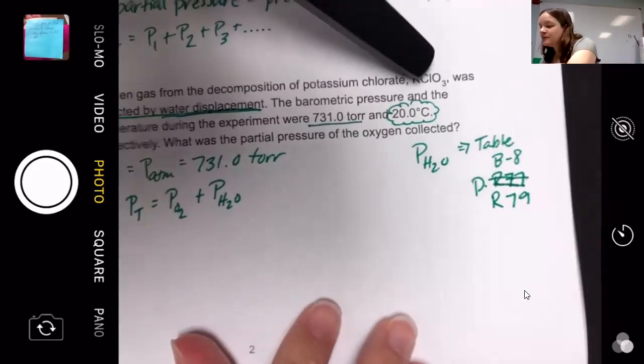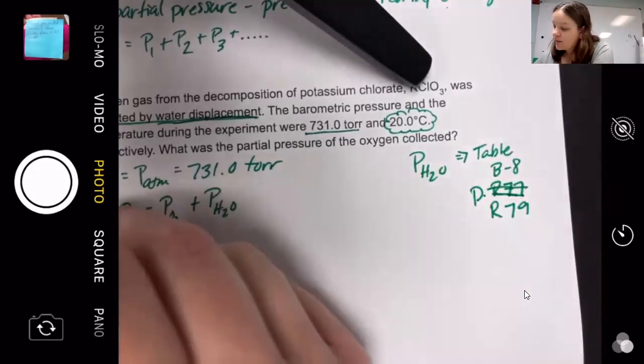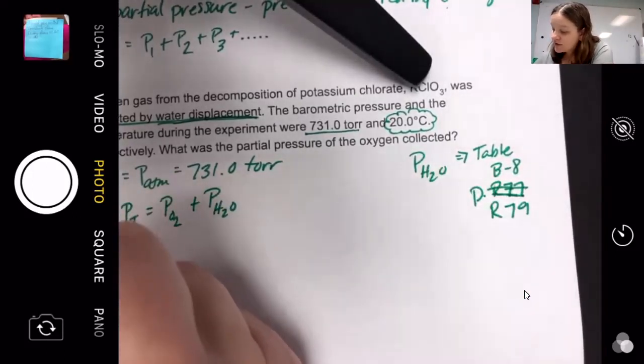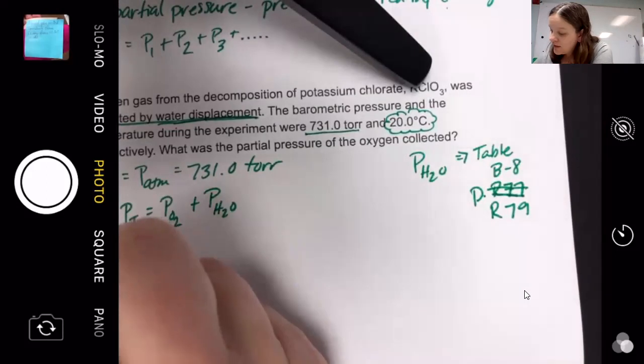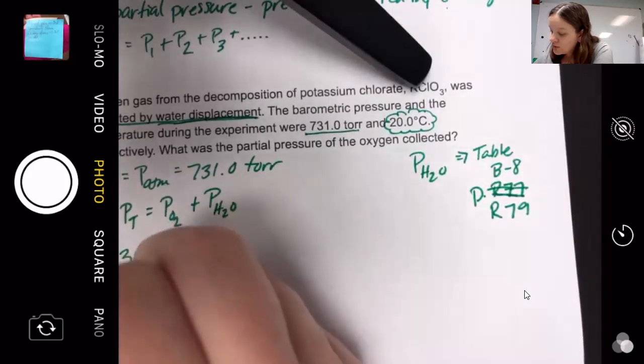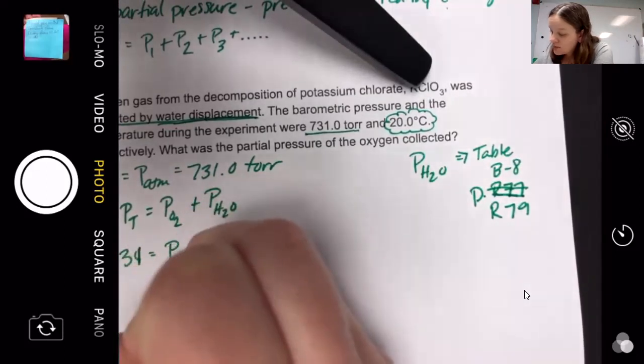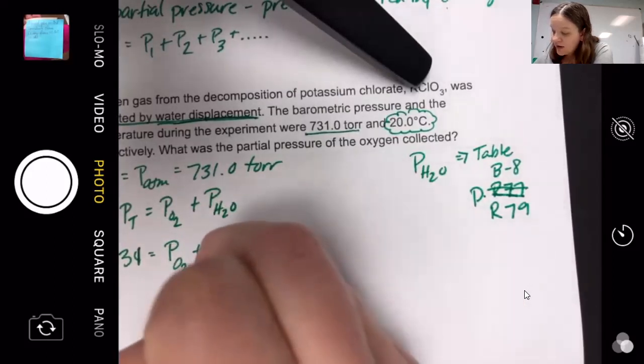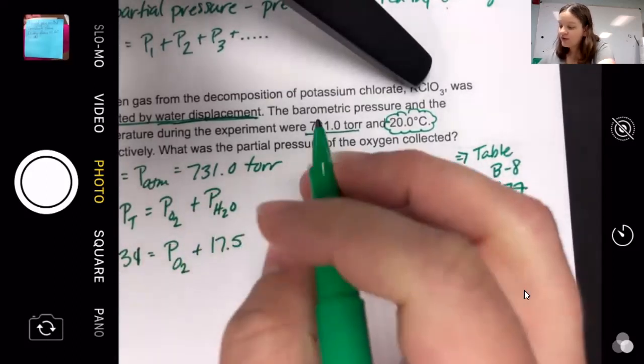I'm going to come back over here. I know my total pressure is 731. That's going to be equal to the pressure of my oxygen plus the pressure of my water, which we just found was 17.5.